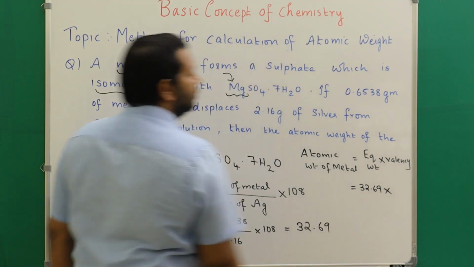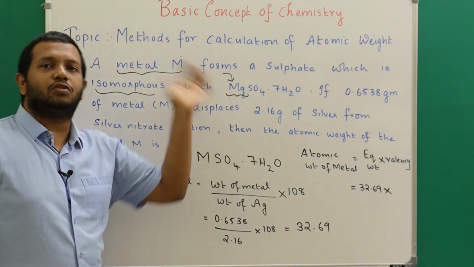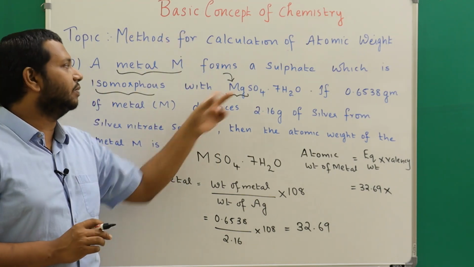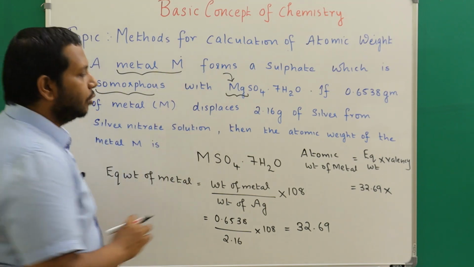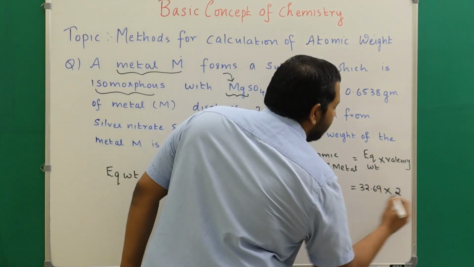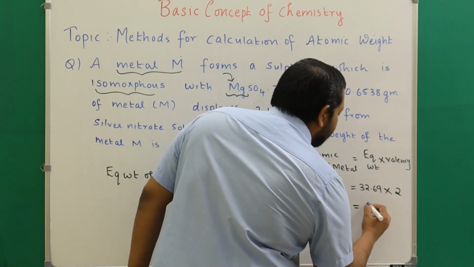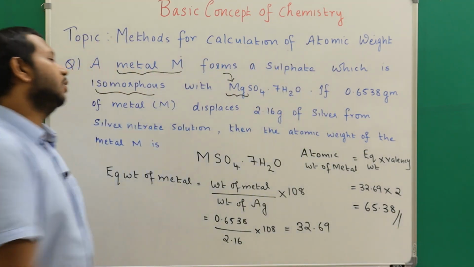And what is the valency of the metal? Just now I told you it is isomorphous. That means the valency of magnesium will be the same as the valency of the metal also. Magnesium, the valency is 2. So for the metal also the valency is 2. So I can substitute that 2 here. So what answer will I get? I will get 65.38. So I got the atomic weight of the metal.